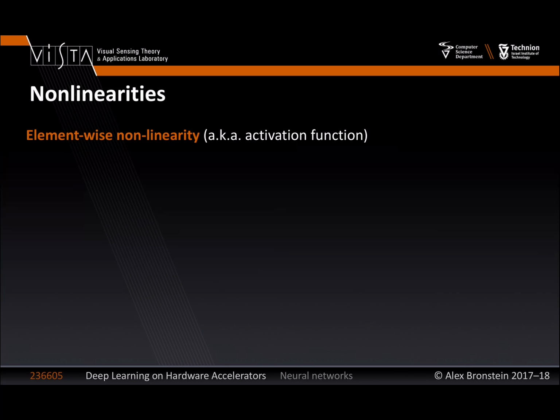Okay, so let's talk a little bit about the nonlinearities of the network. Of course, without the nonlinearities, we could just concatenate all these linear transformations into a single matrix, right? And that would be, again, a linear perceptron. Of course, it wouldn't give us any additional representative power. The nonlinearities are exactly those components that give the representative power to this model. And the simplest and the most commonly used type of nonlinearity is an element-wise nonlinearity.